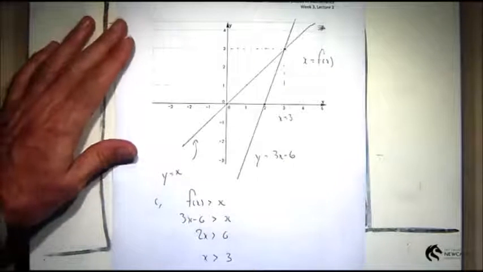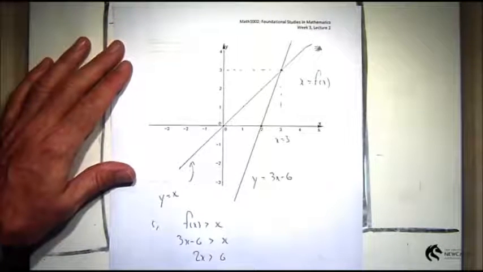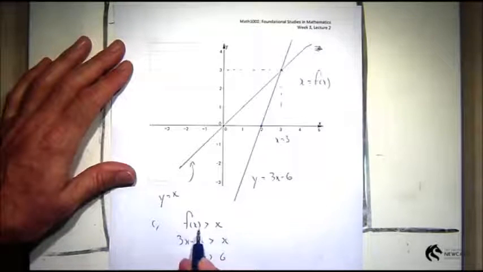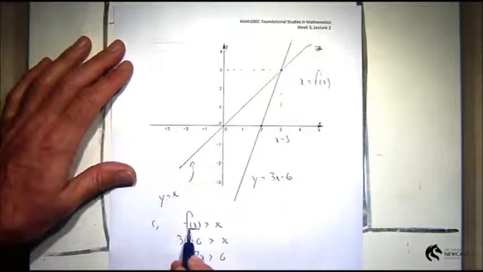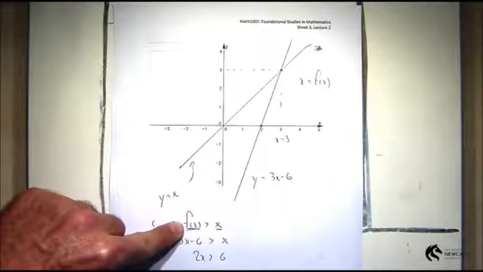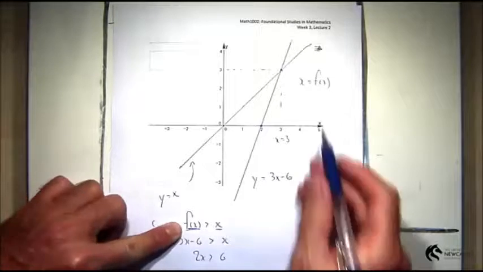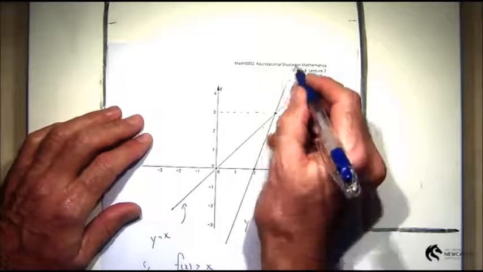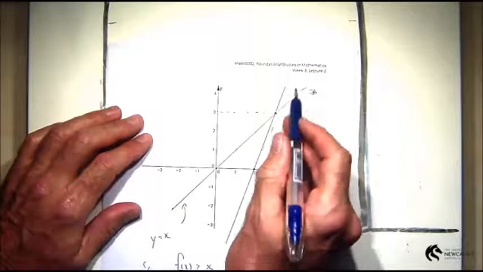And if we look on our graph, I can think of that. This is saying, where is the graph of the function bigger than the graph of y = x? So for example, if I'm here, here's the graph of y = x, here the graph of f(x) is above it.